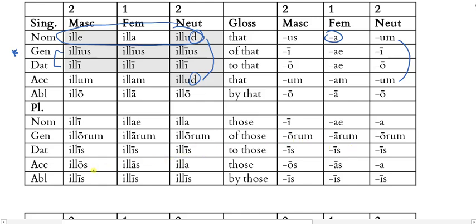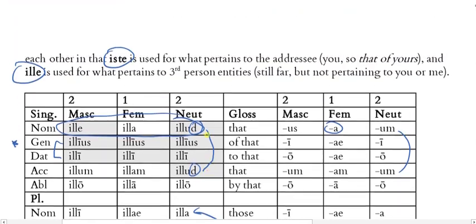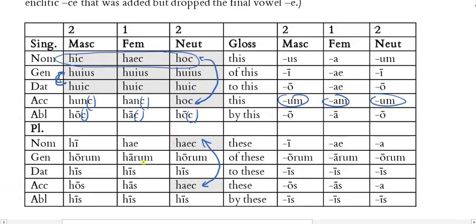We love it. Accusative plural, illos, illas, illa. Same thing here, right? And again, neuters match there. And then illis for ablative plural. If you recall, ablatives and datives in the plural will look like each other too. And so you've got your matching forms here as well. We saw that as well up here with his and his, right? Those look the same.